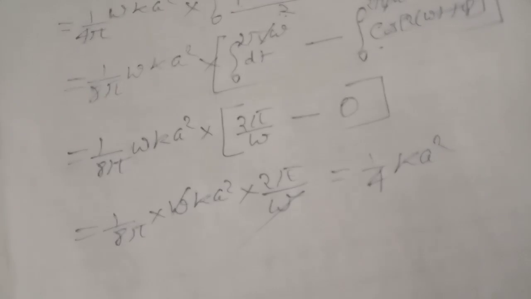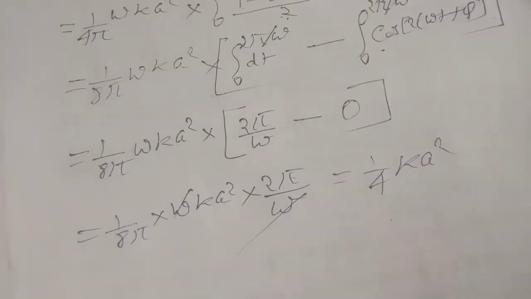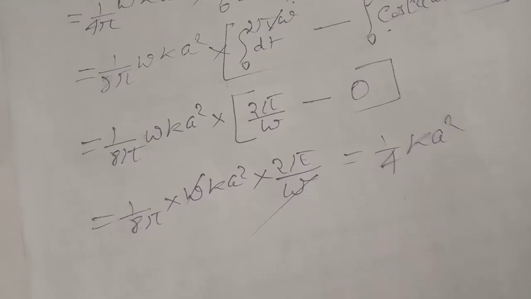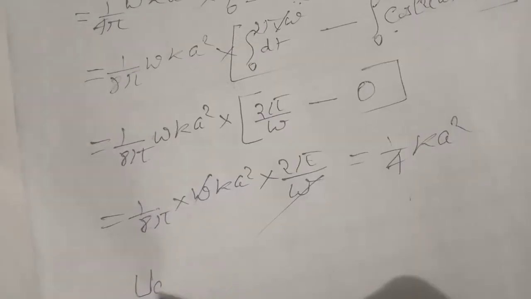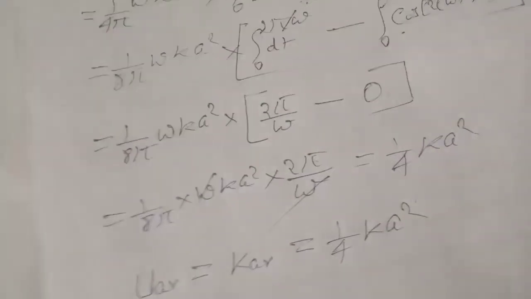Omega cancels, and 2 pi with 8 pi, so it will be 1 by 4 k A square. So again we see that the average potential energy is 1 by 4 k A square. That is, U average equals K average equals 1 by 4 k A square.